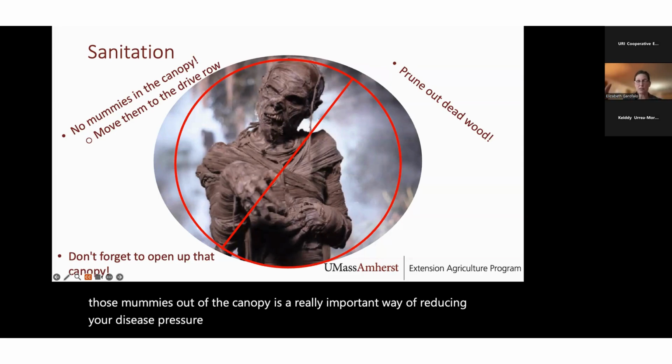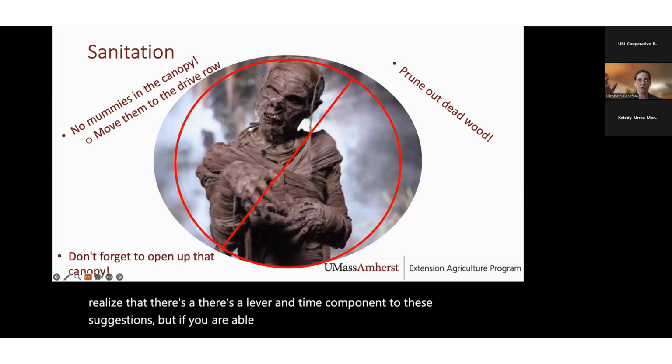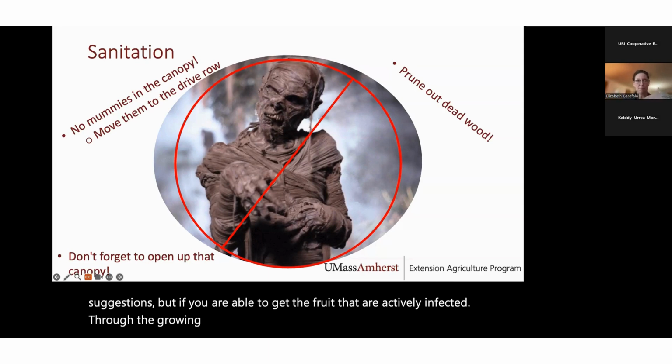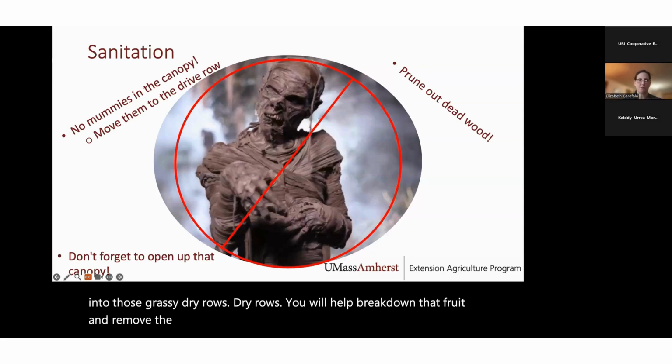Even during the growing season, and again, I realize that there's a labor and time component to these suggestions, but if you are able to get the fruit that are actively infected through the growing season out of the canopy, and at the very least, get it into those grassy drive rows, you will help break down that fruit and remove the inoculum from your clean fruit, right?